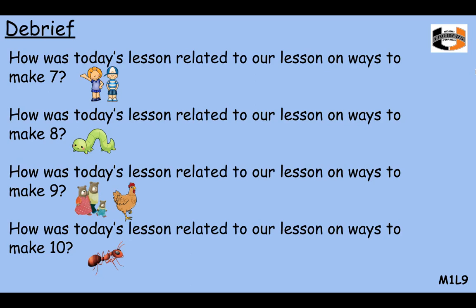How is today's lesson related to our lesson on ways to make 10? Do you remember the ants? The partners of 10 in that math problem were 7 and 3. So that is one way to make 10. 3 and 7 are partners of 10.